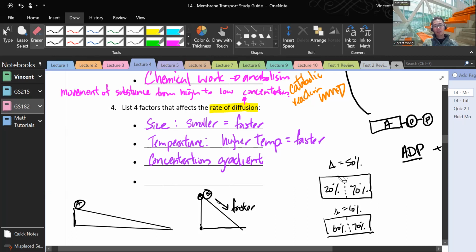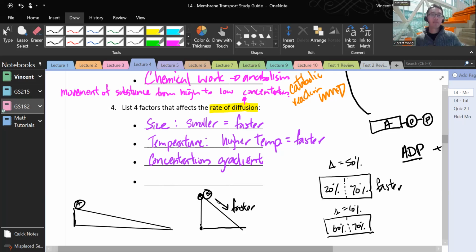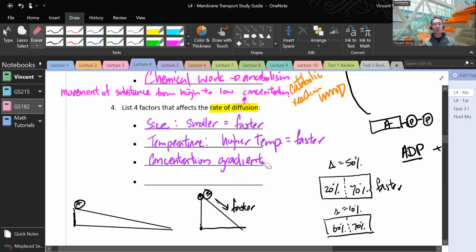So diffusion is going to happen faster when the difference between the concentration of 2 points is greater. If the difference is very subtle, then there will still be some diffusion, but it wouldn't be happening too quickly, okay? So that's what it means by concentration gradient, okay?